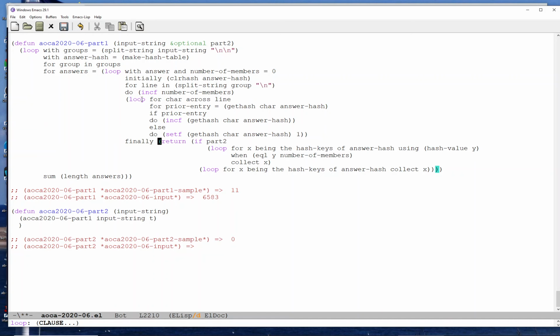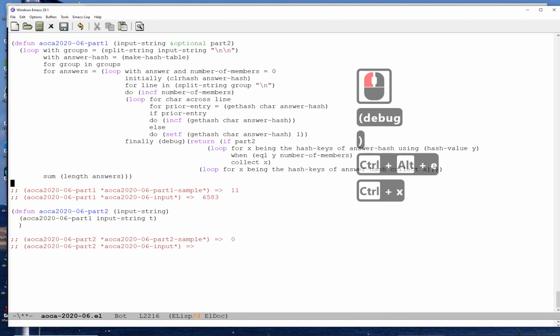We do the hash table stuff always. So let's actually look at the hash table. So here, before we return, we're going to go into the debugger.